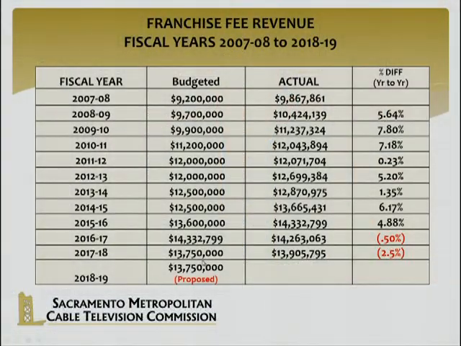And this next chart just shows the same information and also shows the 13.75 million that we budgeted for this year, which is the same that we budgeted for last year. And it does show you percent-wise that revenue is down 2.5% this year from the previous fiscal year.